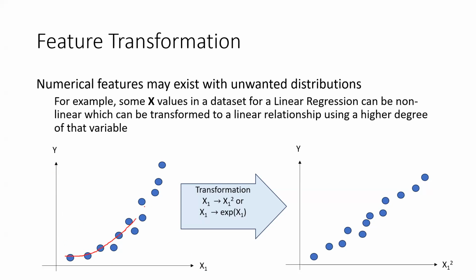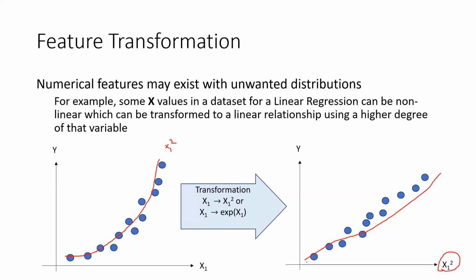It has some non-linear relationship, which may be related to y equals x1 square, right? So if you do a transformation by replacing x1 with x1 square, then you can get a straight line.